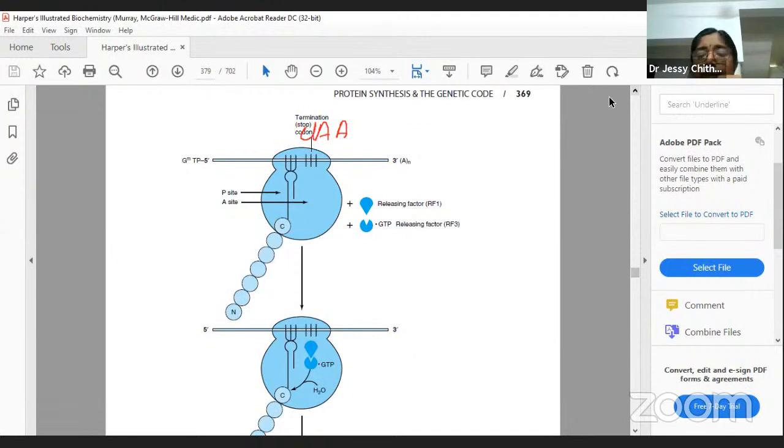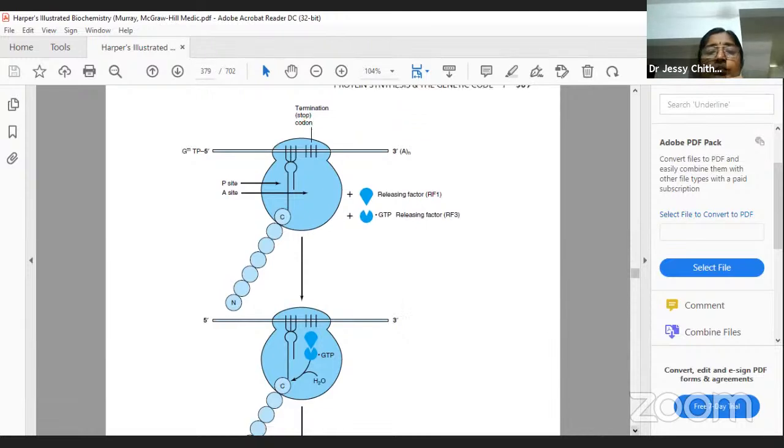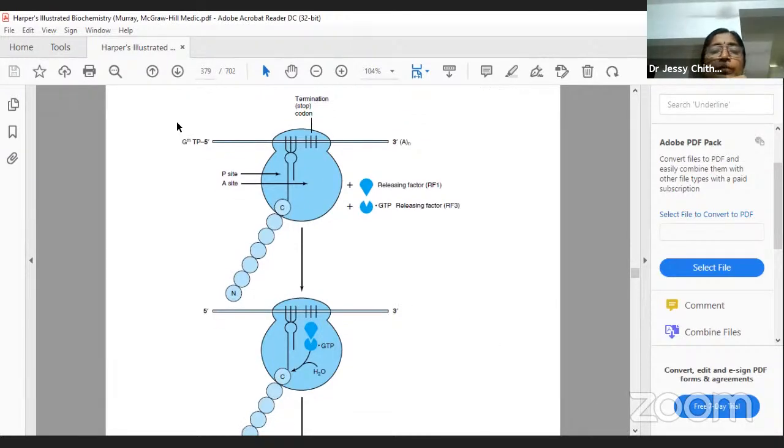This figure shows the termination phase of protein synthesis. So this is the 80S ribosome. We can see that the stop codon comes, and releasing factors along with the GTP will come and occupy the A site.